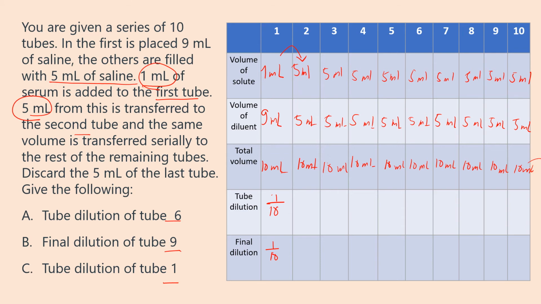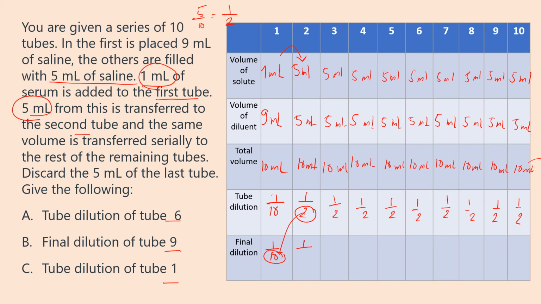The rest of the tubes would have 5 over 10. Reduce it, and it becomes 1 over 2. So the rest will have 1 over 2, 1 over 2, 1 over 2, from tubes 2 to 10. Now, for the final dilution, you multiply the dilution factor of the tube with the dilution factor of the previous tube.